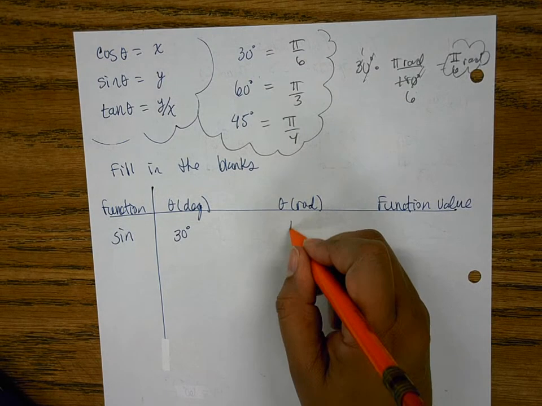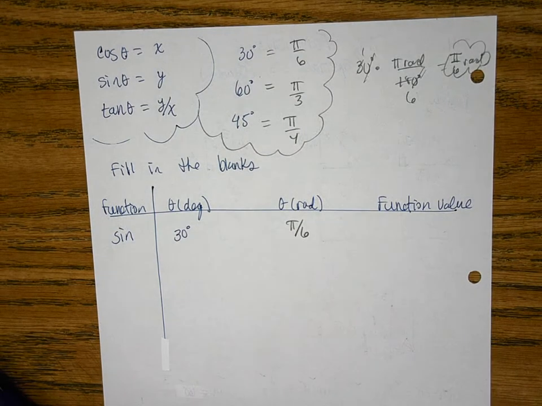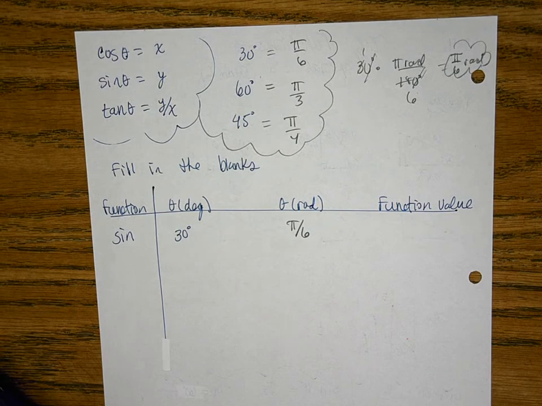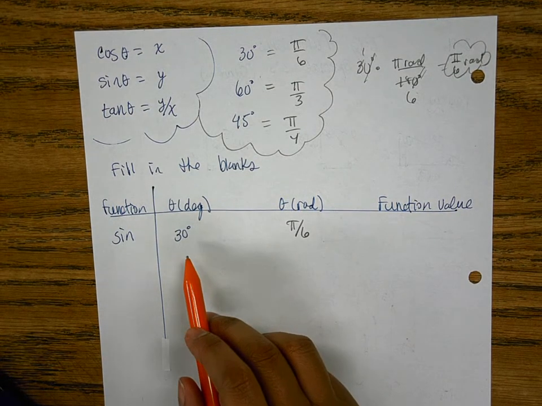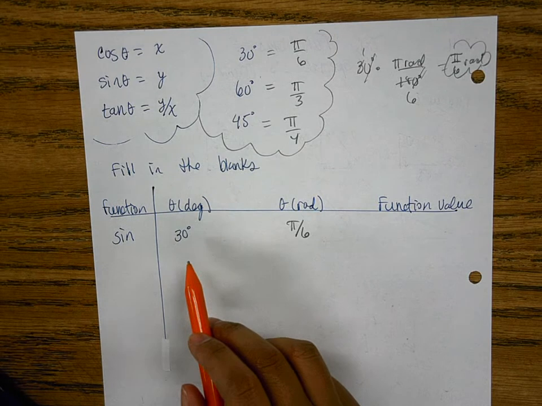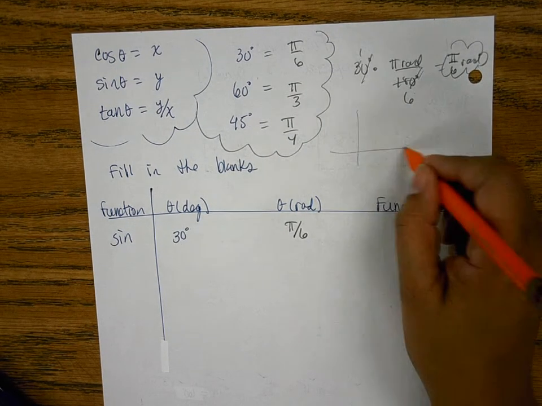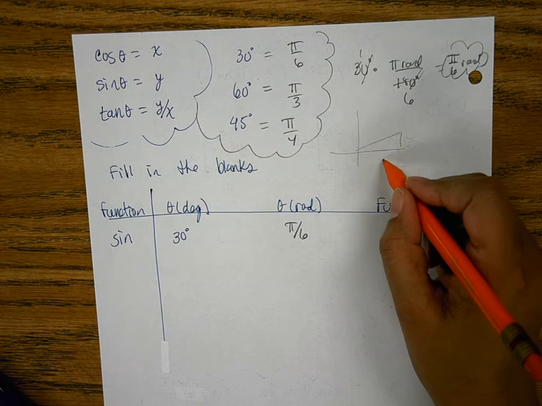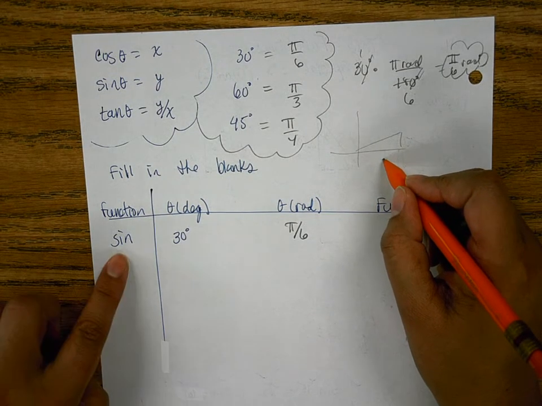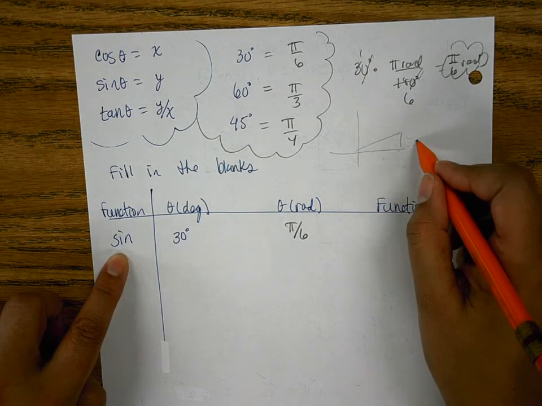Working through. 30 degrees is pi over 6 in radians. You should have that memorized. If not, you convert it or look at your notes. Okay, sine of 30. Picture your 30 in your quadrant 1. If you have your notes, that's fine, but if you don't, try not to look back. Think of your 30 triangle. That's the one that's down below. So this is the short side and this is the long side.